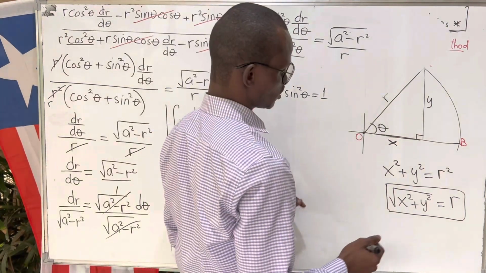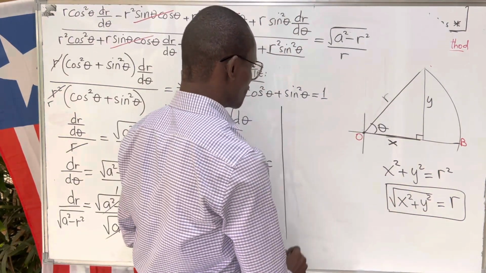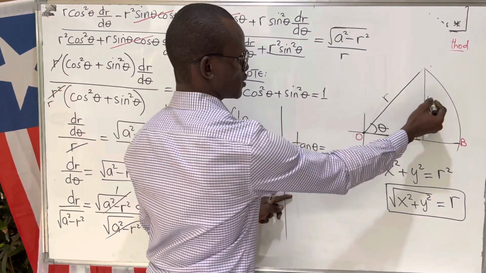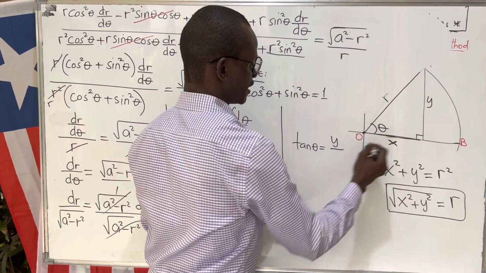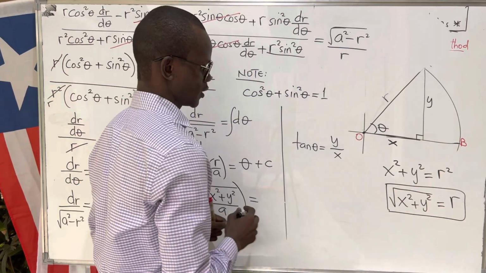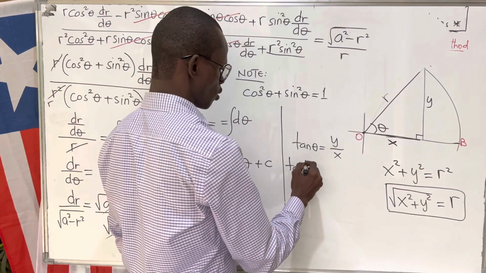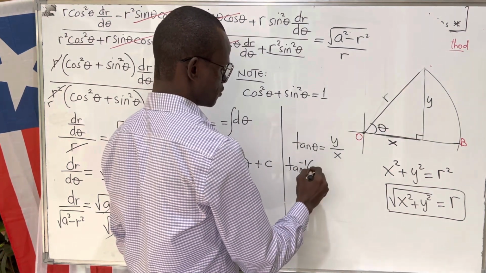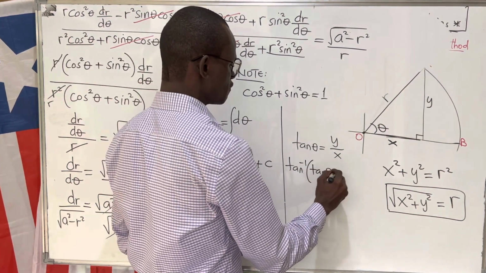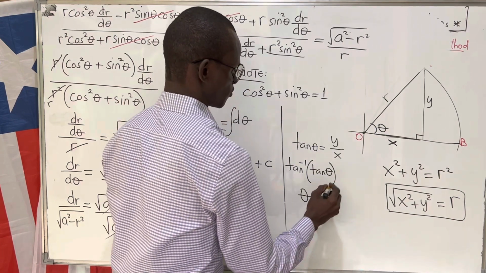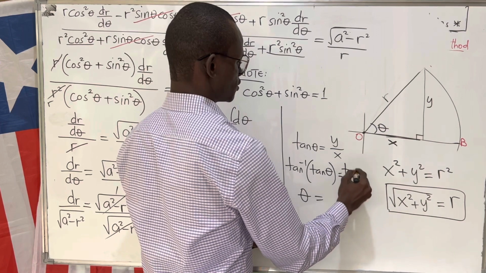So we can come back here and solve for theta. We know that tangent of theta is equal to the opposite, which is y, all over the adjacent, which is x. So to solve for this angle, we can take the inverse on both sides. Tangent inverse on both sides. So tangent inverse of tangent of theta is just equal to theta.